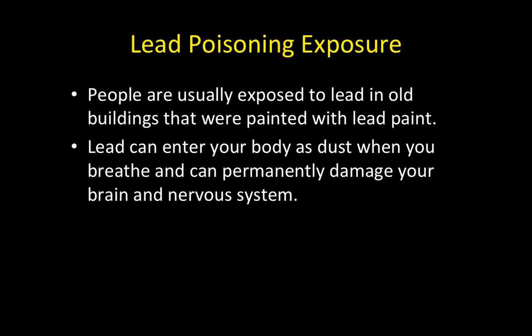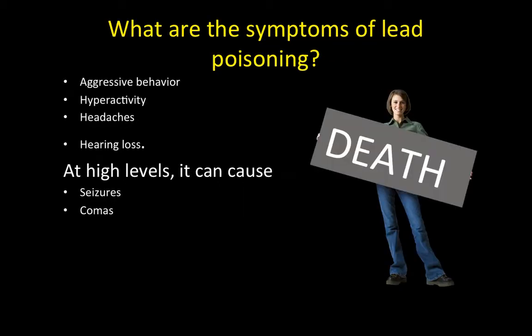Either way, lead can permanently damage your brain and your nervous system. Some of the symptoms of lead poisoning are aggressive behavior, hyperactivity, headaches, hearing loss, and at high enough levels, lead poisoning can cause seizures, comas, and even death.